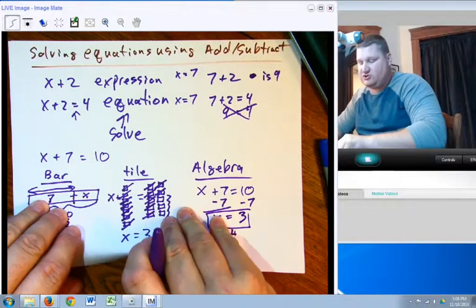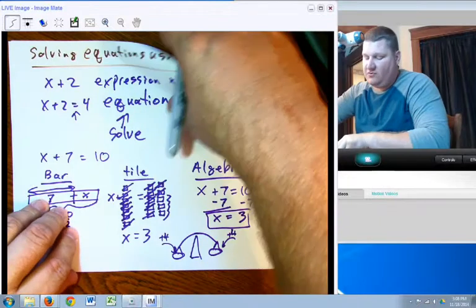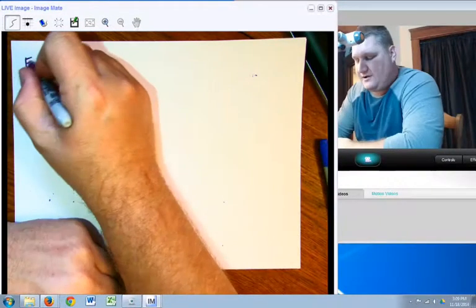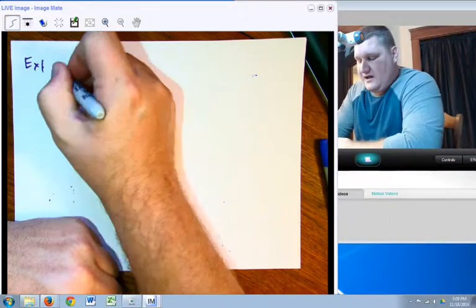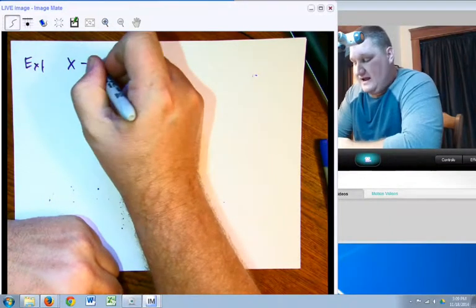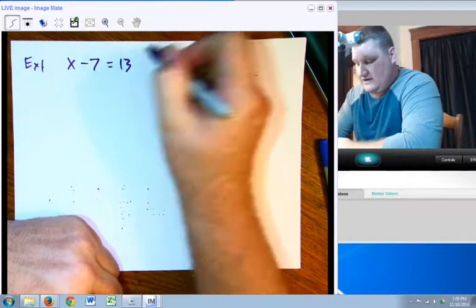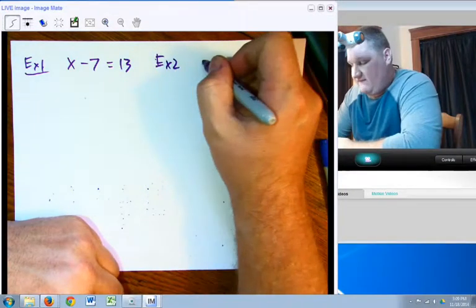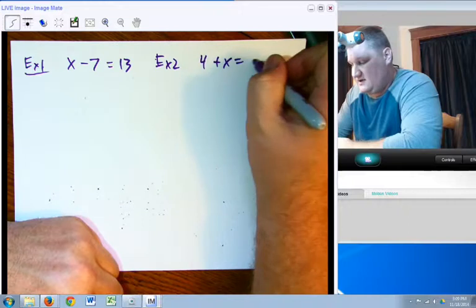Here's what I want you to do. I want you to take a look at a couple more examples. Example number 1, if we have x minus 7 equals 13. Example number 2, if I have 4 plus x equals 3.